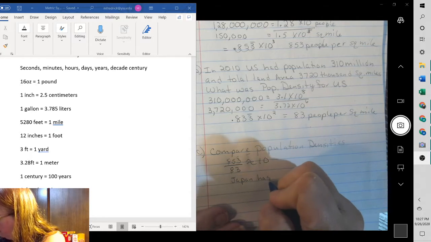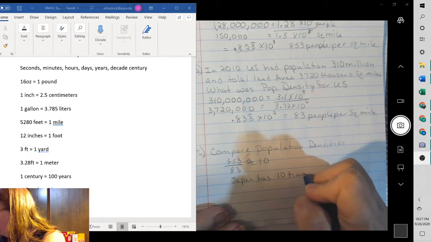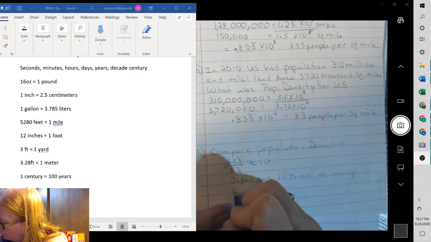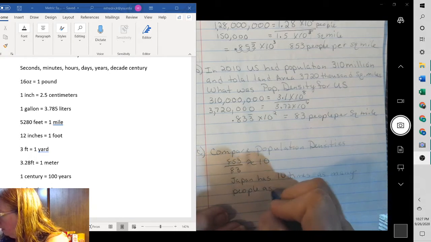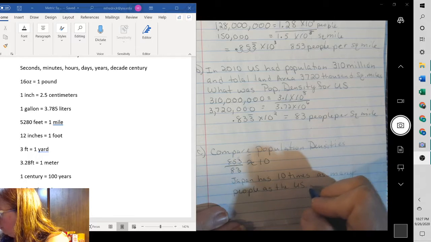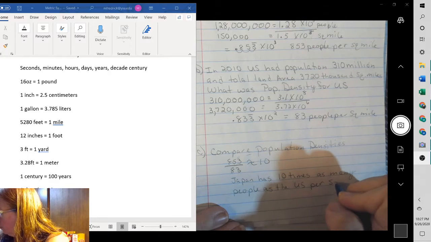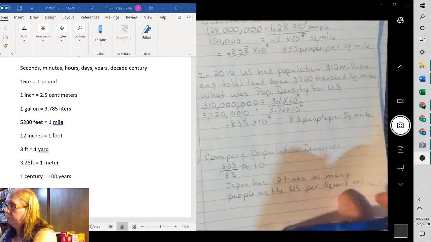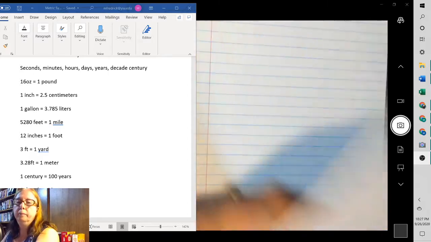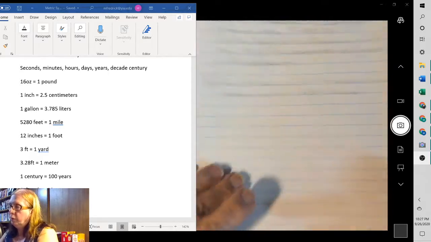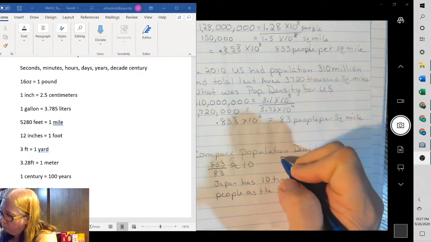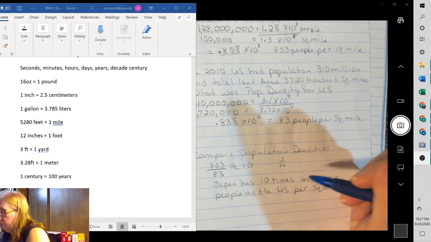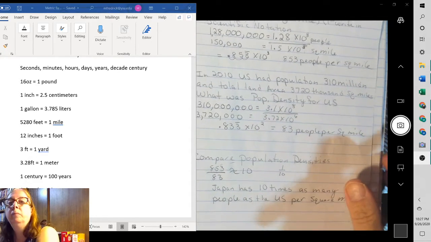Japan has 10 times as many people as the US per square mile. You could have also gone the other way, and then it would have been 1/10. So the US has 1/10 of the population that Japan has per square mile. Either way is correct.